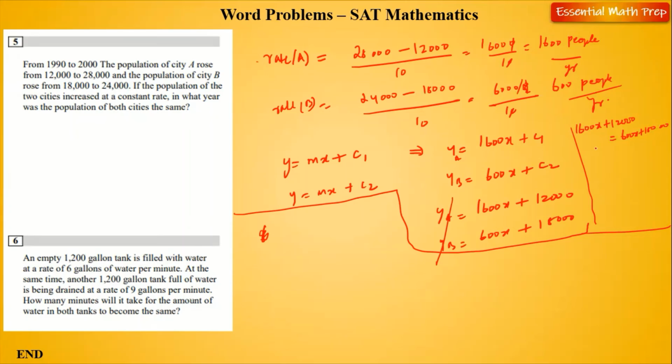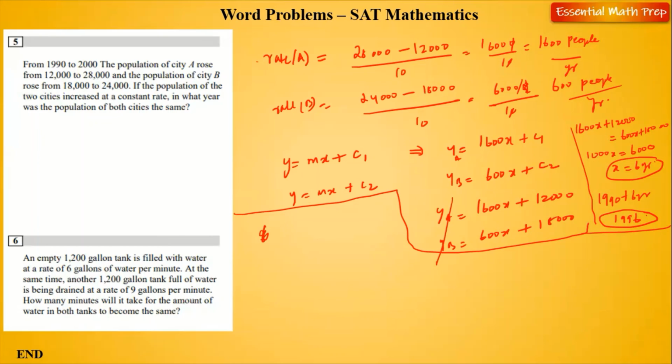If you do the math here, 1600 minus 600 is 1000x, which equals 6,000, because 18,000 minus 12,000 is 6,000. So x equals 6 years. That means 1990 plus 6 years is 1996, when the two cities would have the same population.